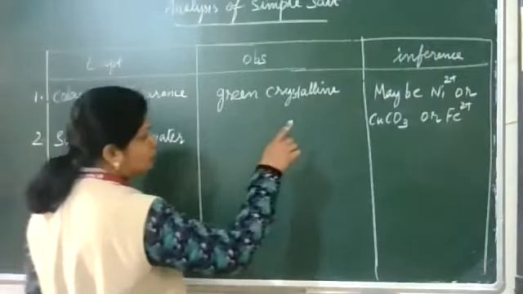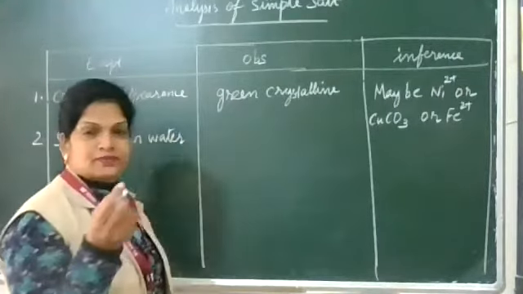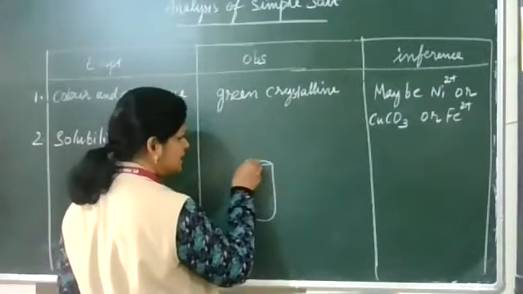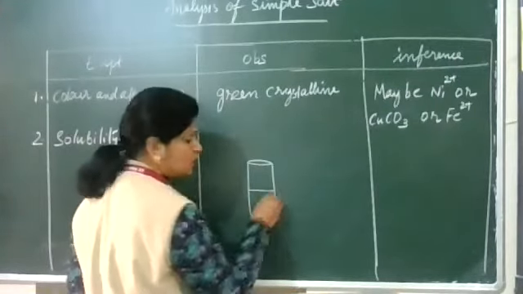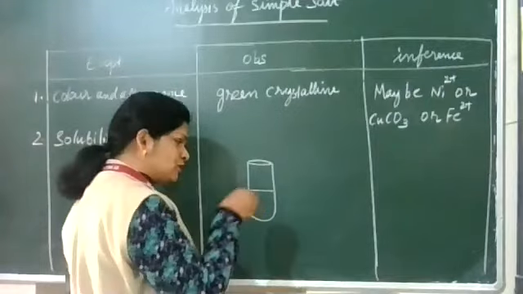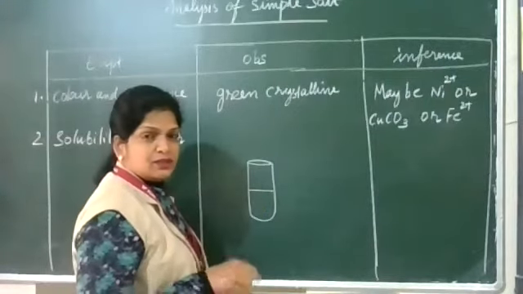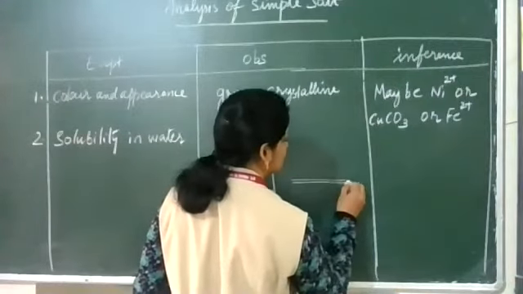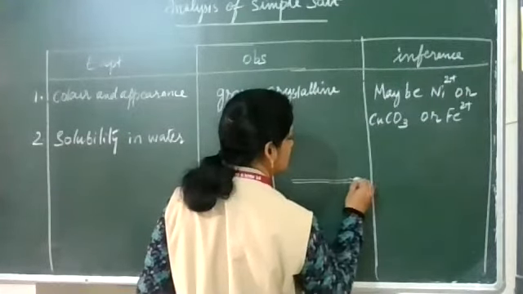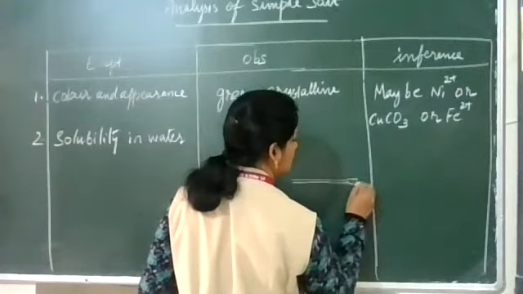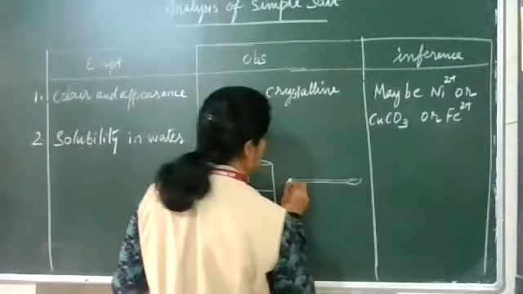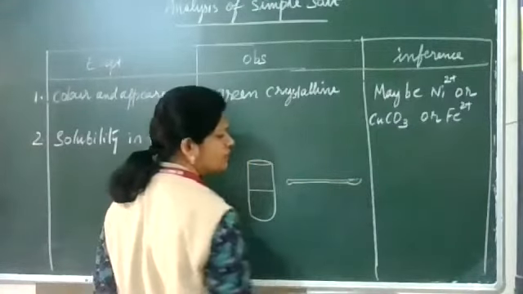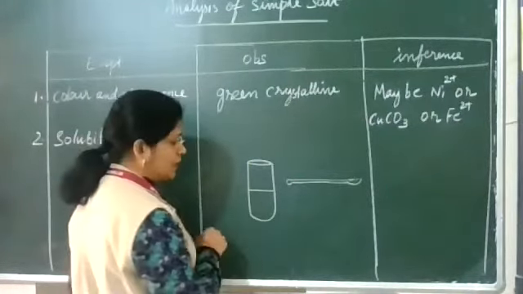Solubility in water. Take a little bit of salt, not a huge amount of salt, in a test tube with this much amount of water, and add a little bit of salt using a spatula. A spatula means a spoon like this, which you must have seen in our laboratory.